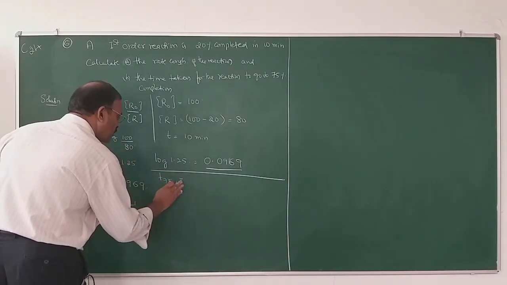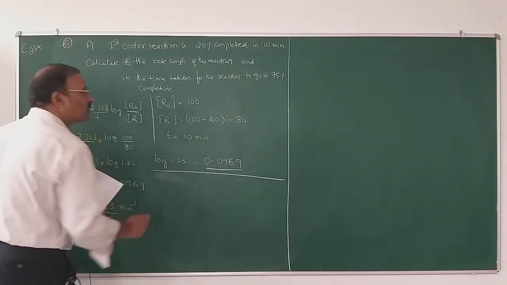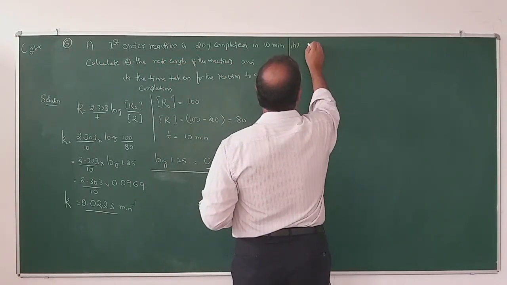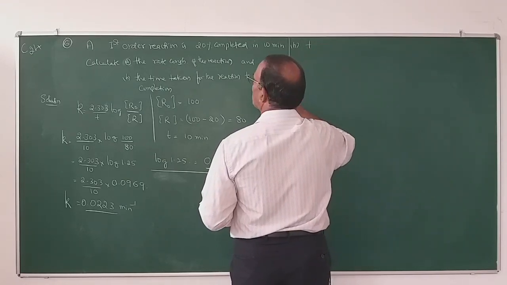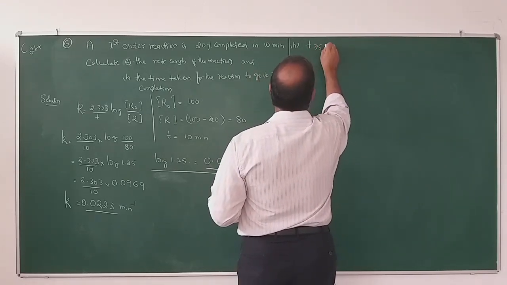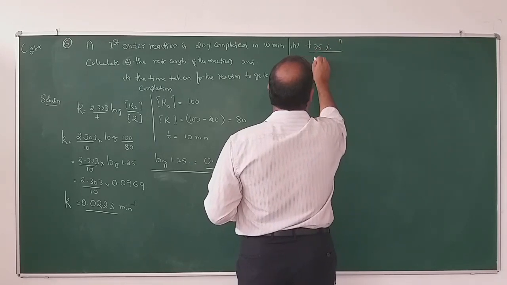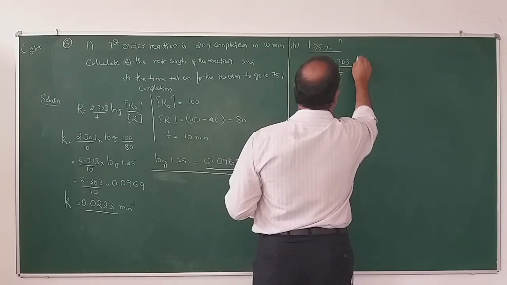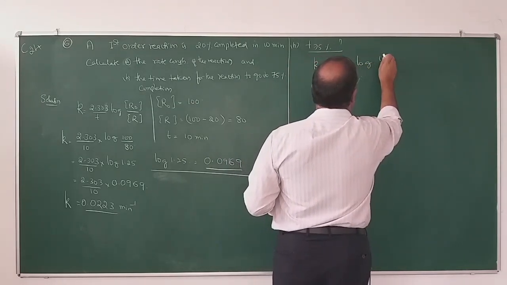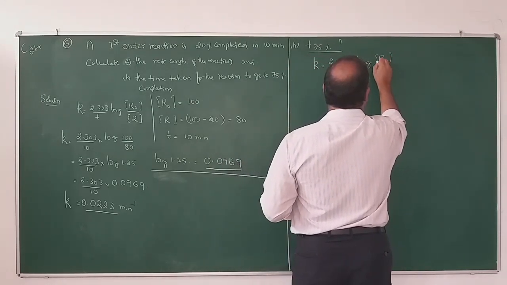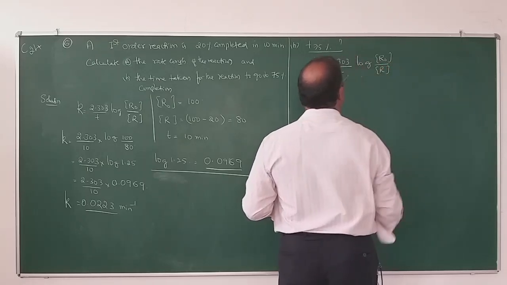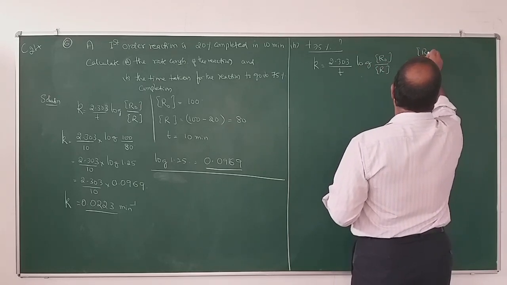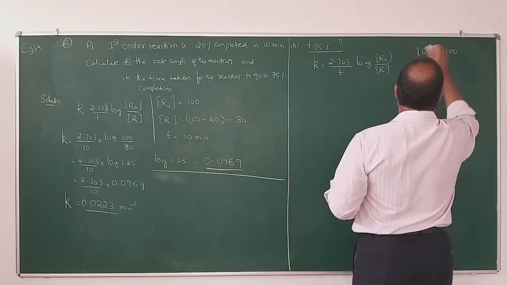So again you have to use this formula. For 75%, K equals 2.303 divided by T log of R naught divided by R. Here R naught equals 100.